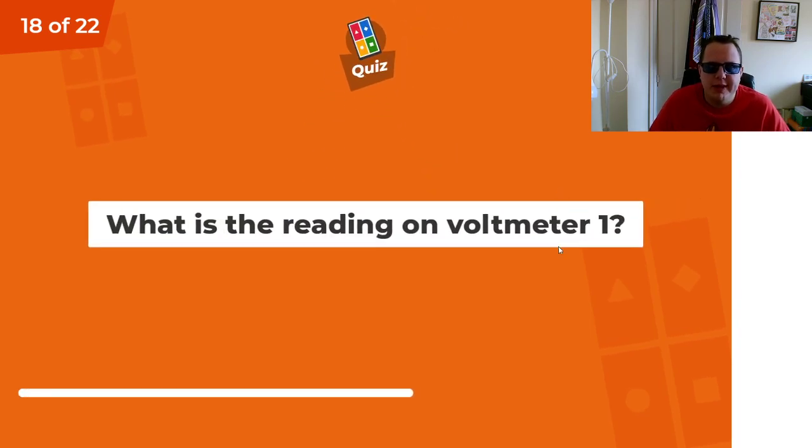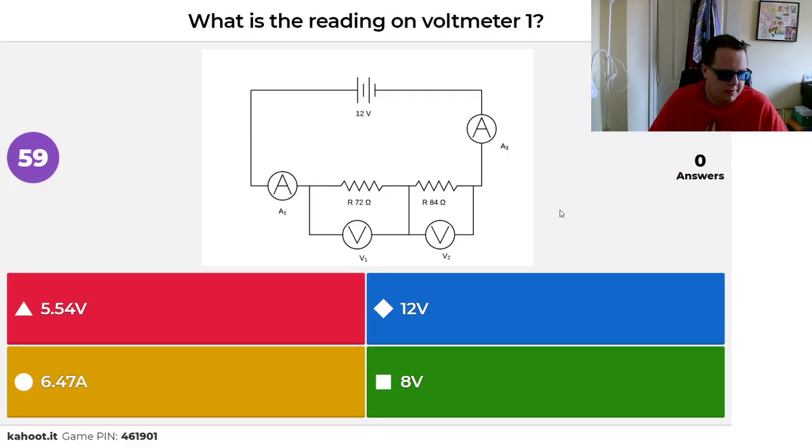Alright, what will the reading on voltmeter 1 be then? Voltmeter 1 is this one round this resistor.